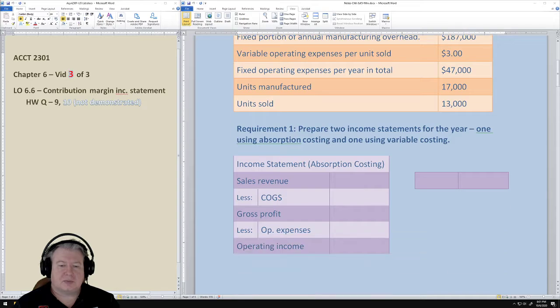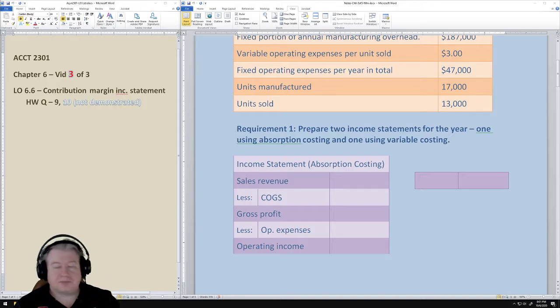The traditional income statement that you're used to, which is an absorption costing income statement, is revenue minus cost of goods sold, which is your gross profit, less your operating expenses, which gives your operating income. So we're first going to prepare the income statement like you would under the previous Intro to Financial course, and go through it step by step.